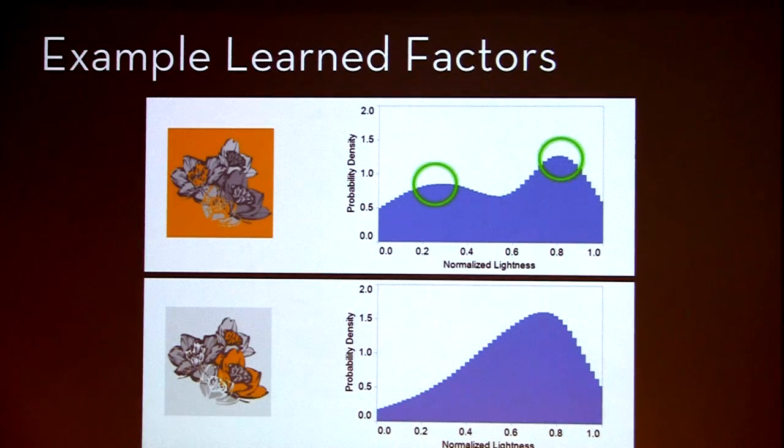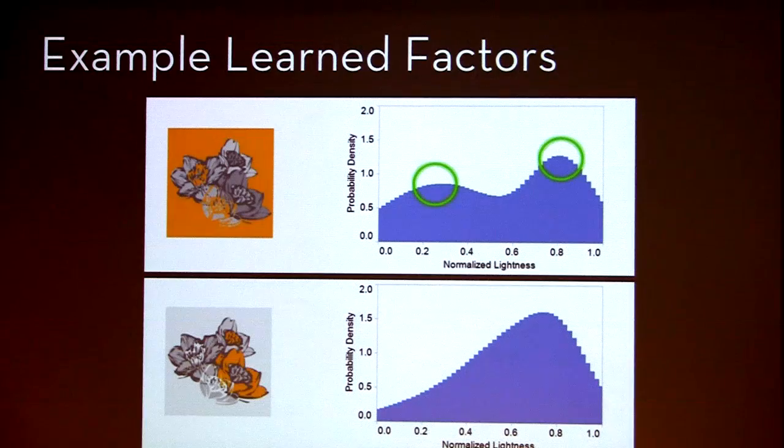This mirrors our intuition that the background of an image like this is usually going to be either light or dark, but not typically of middling intensities, because that would tend to conflict with the foreground. The ability to capture this kind of bimodality, we think, is one of the major advantages of this histogram-based representation over simpler models we could have used, such as a linear Gaussian.